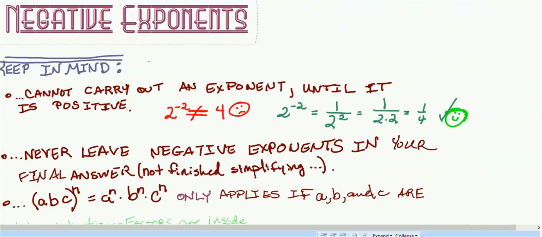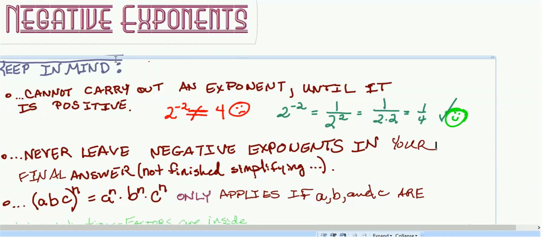So here are a few notes to keep in mind when you're dealing with negative exponents. What we need to remember would be these items. We cannot carry out an exponent until it is positive.